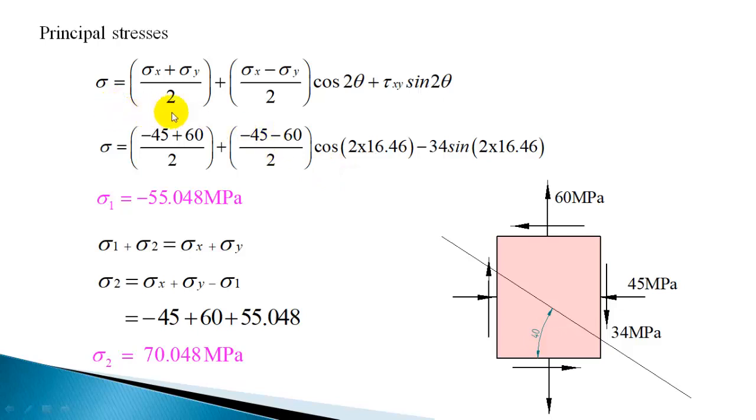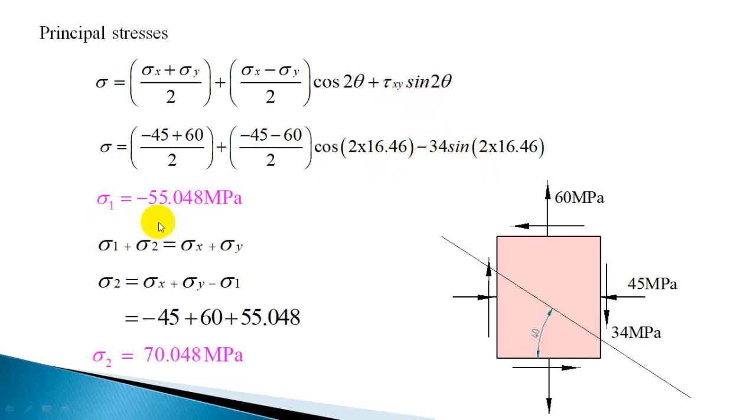So you are using the normal stress equation, normal stress on a given plane, and we know one of the principal planes. Substitute that angle, you get the principal stress associated with that particular plane. So you have substituted sigma x and sigma y, and theta as 16.46, one of the principal planes, and tau xy is minus 34.